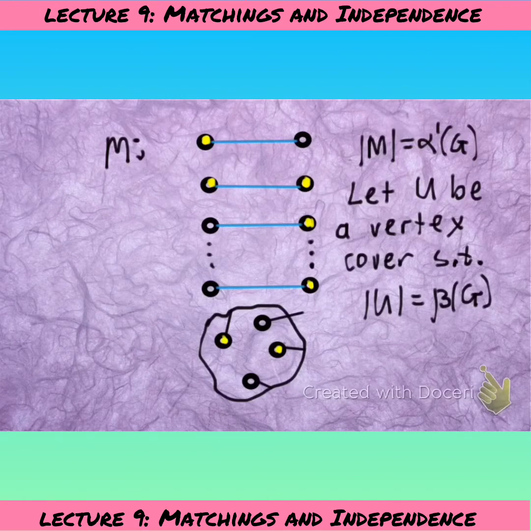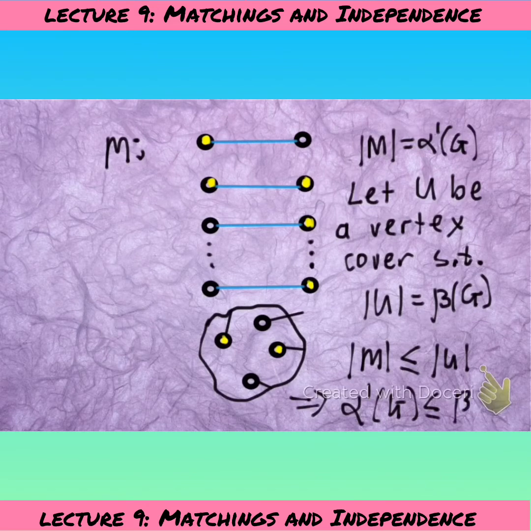The implication of this is that the cardinality of U must at the very least be the cardinality of M. And that's going to imply that the matching number of G is at most the vertex covering number of G. Alright, so we've got that inequality. But it turns out that for bipartite graphs you can actually get equality there, and that's what we're going to prove now.